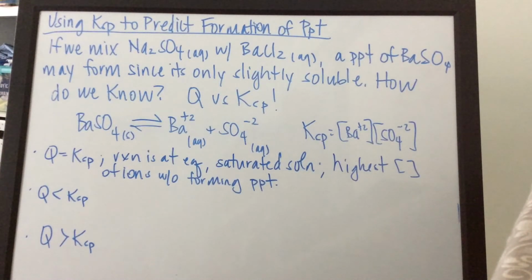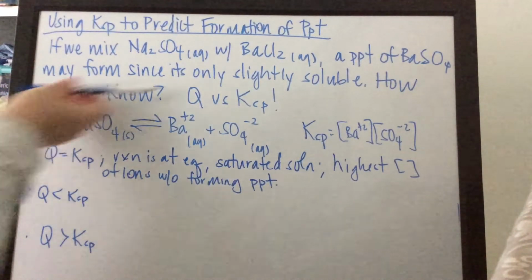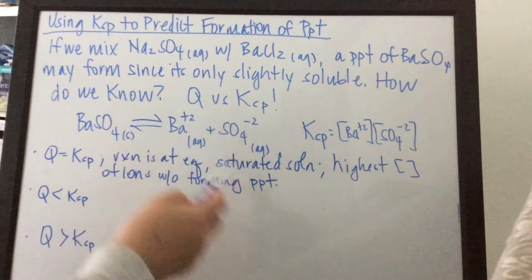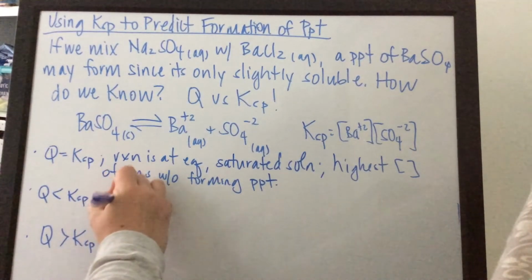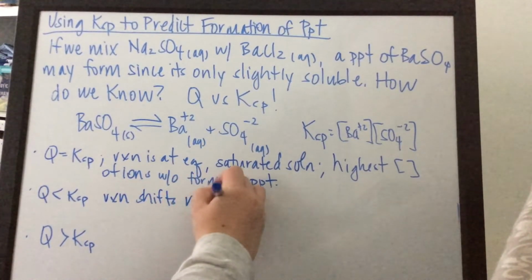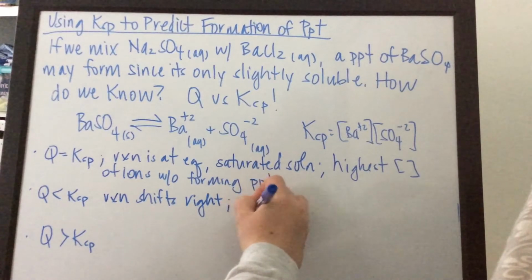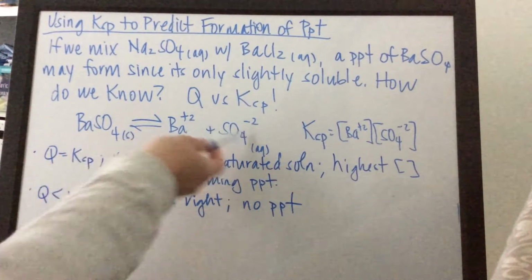For Q to increase, the products would need to increase and the reactants would need to decrease, so your reaction would shift to the right. If your reaction is shifting to the right, you're creating the ions, and we would have no formation of the precipitate.